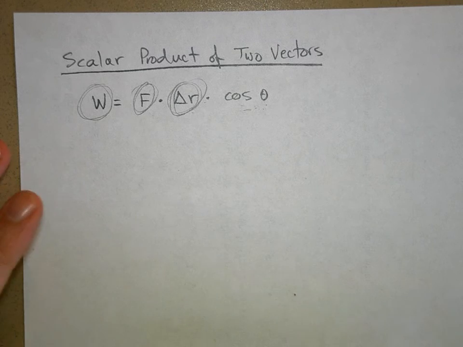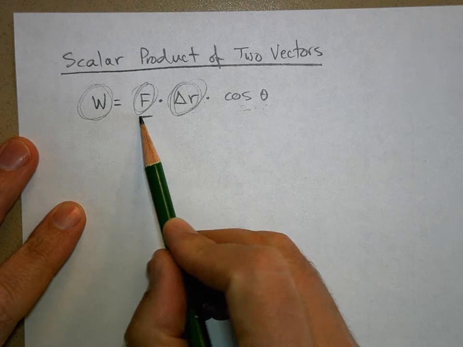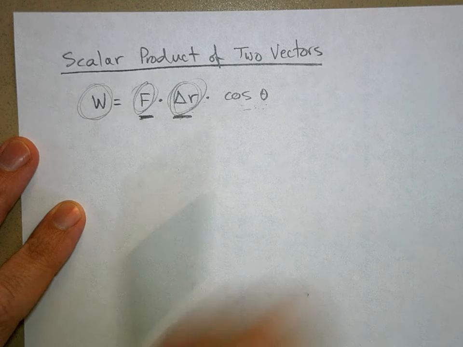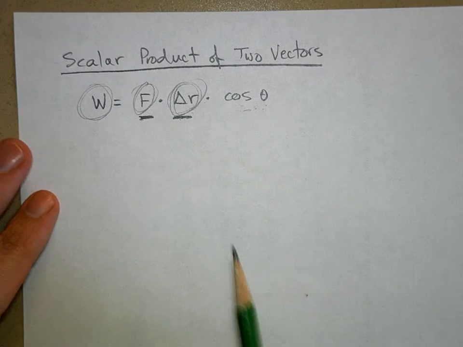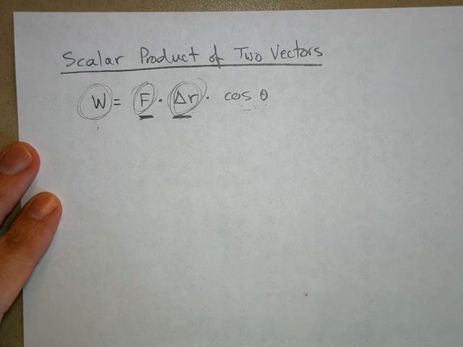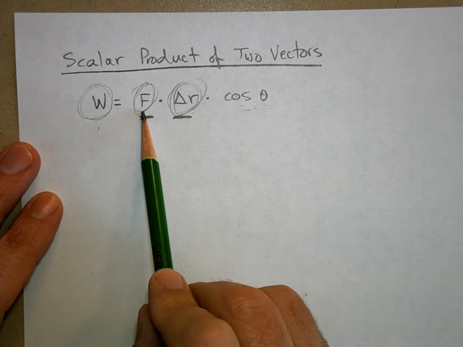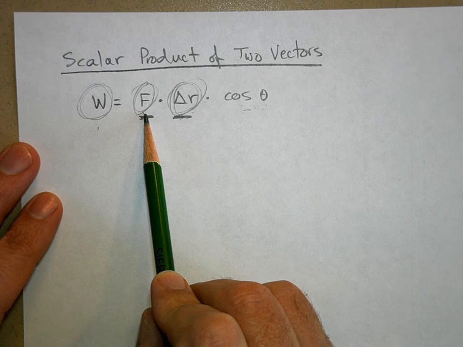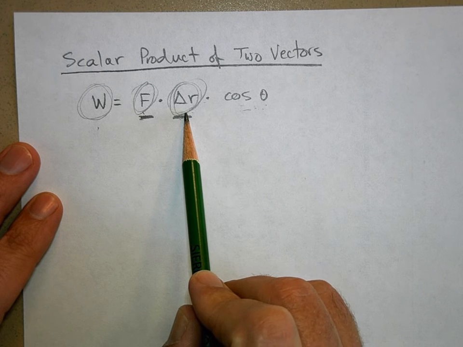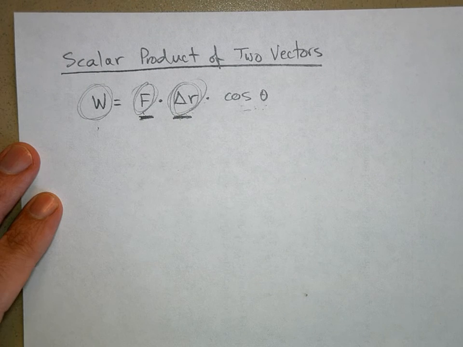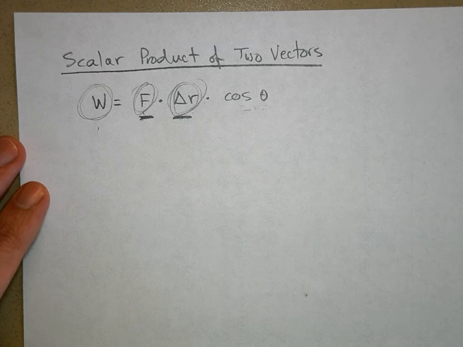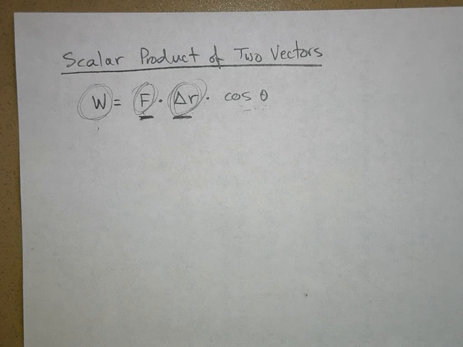And this is kind of interesting. We're taking two vectors and multiplying them together in this special way, and we get an answer that is a scalar. Force has magnitude and direction. Displacement has magnitude and direction, but work only has magnitude. Okay, there's no direction associated with it. It wouldn't make any sense.